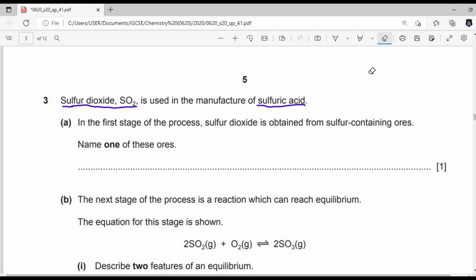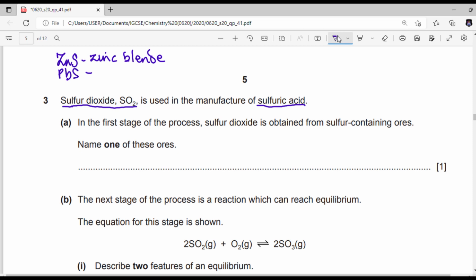So now, in IGCSE, how do we obtain sulfur dioxide? Sulfur dioxide is obtained by roasting sulfur-containing ores like zinc blende, galena, which contains what?